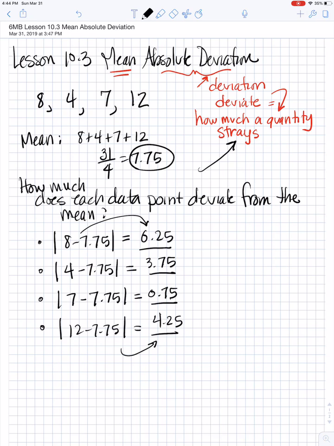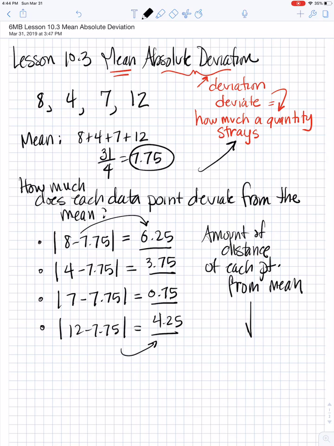So each one of these absolute deviations is talking about the amount of distance of each point from the mean. And what we need to figure out now is the mean of the deviation.